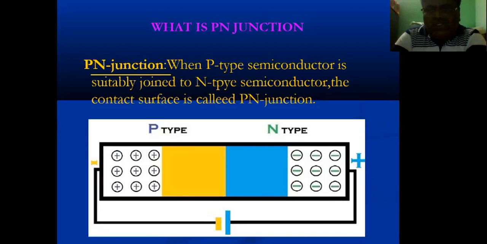The P-type and N-type are connected with a battery. Next, what is the N-type semiconductor and what is the P-type semiconductor?